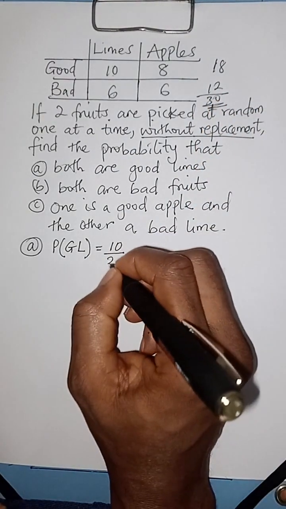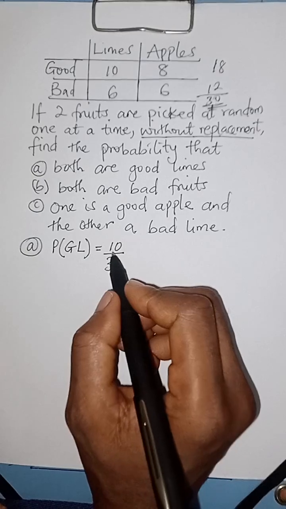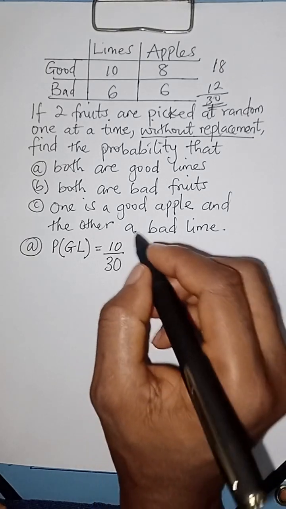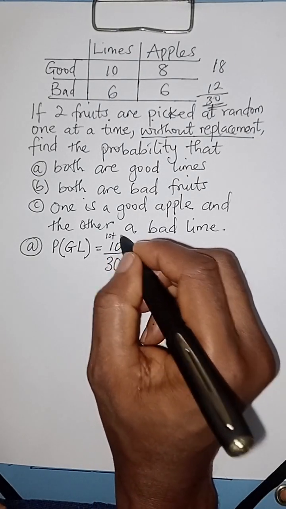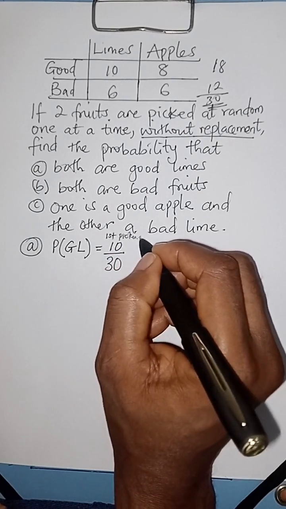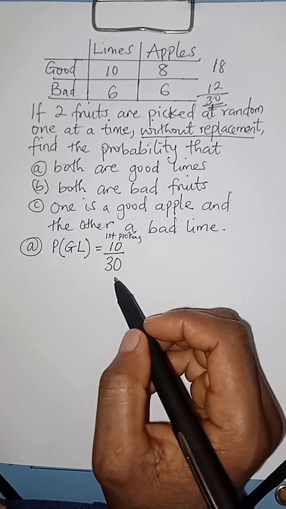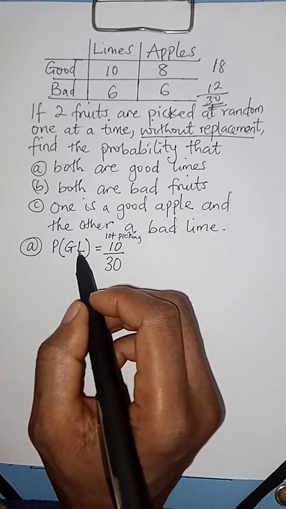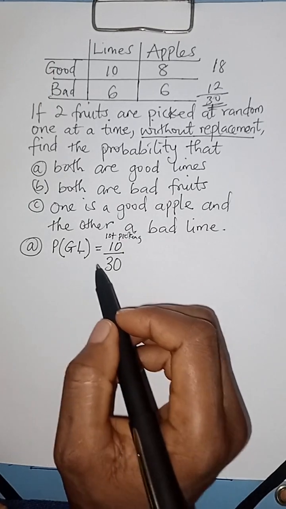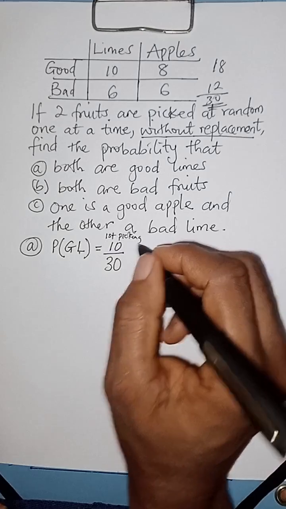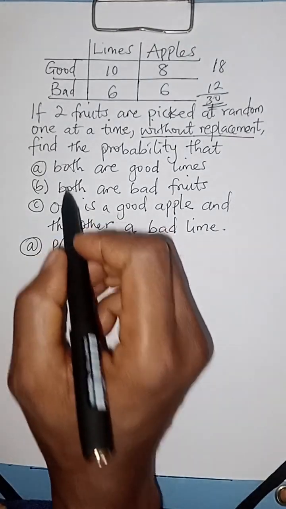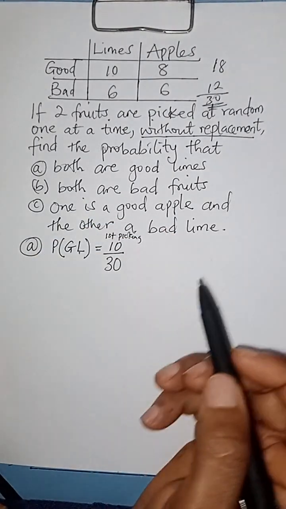So this is 30. So in the first picking, you're going to pick 10 out of 30 fruits because the 10 are good limes. Now we're going to the second picking. Now in probability, both is the same thing as multiplication.